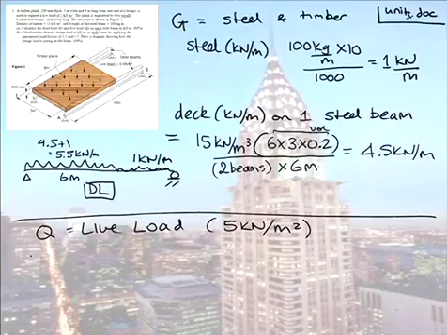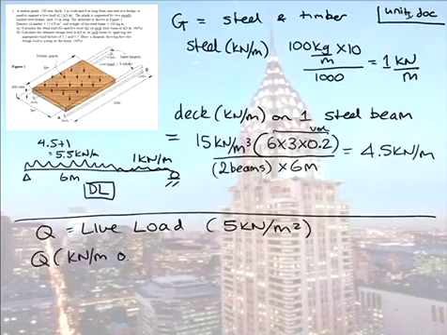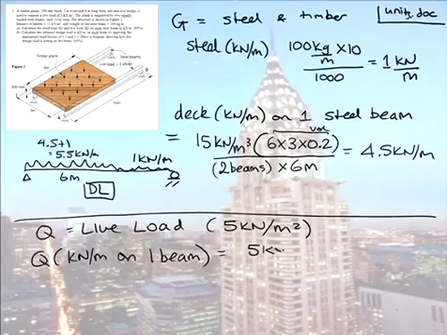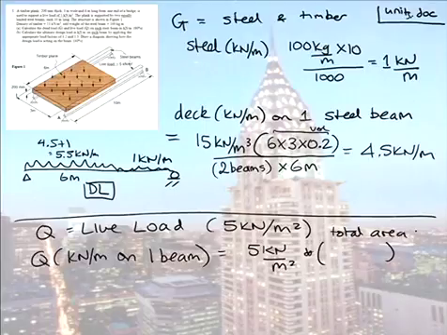We want to know what the live load is in kilonewtons per metre on one beam. So that's equal to our 5 kilonewtons per metre squared, times the total area over which that loading acts, which is our 3 by 6 metres.